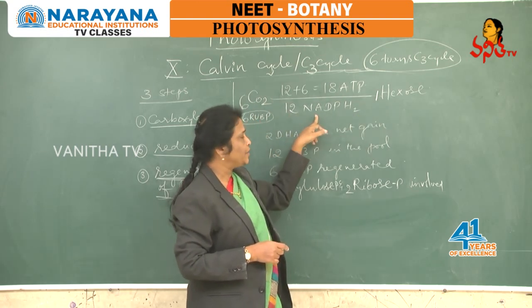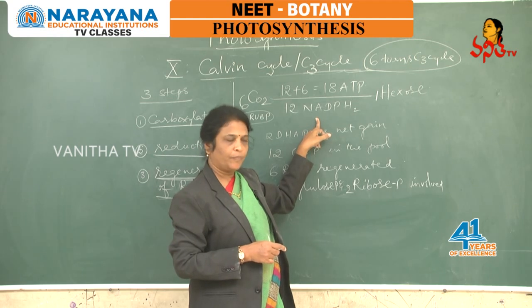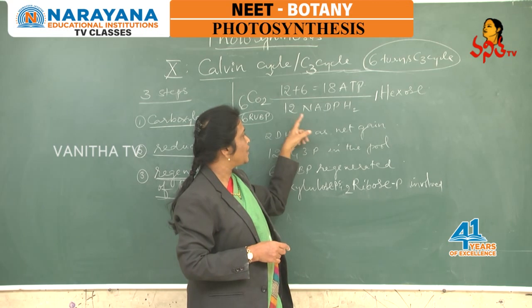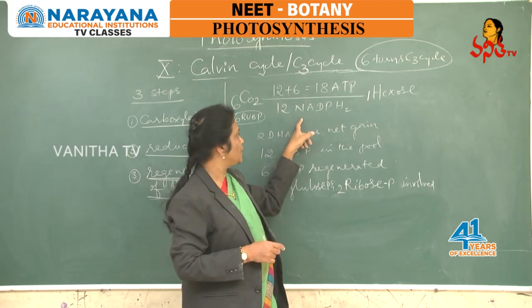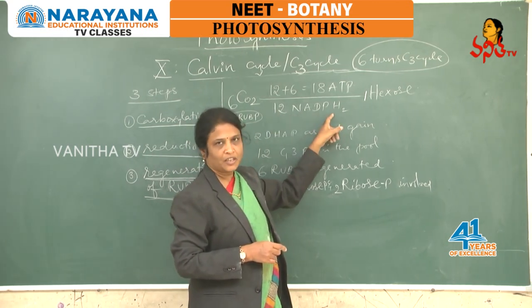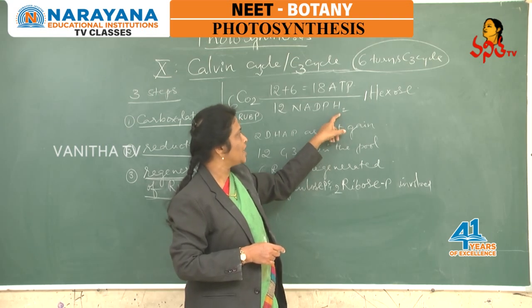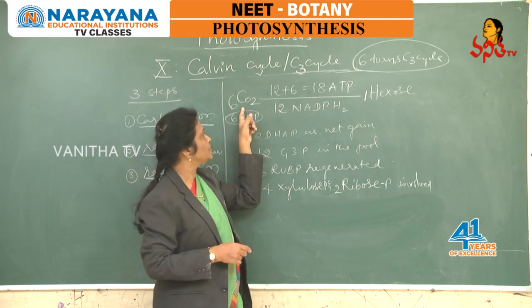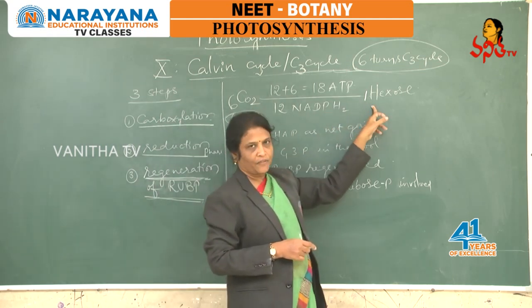And here the reducing power involved is NADPH, and that is for the reduction of the PGA molecules: 12 NADPH molecules, the reducing power utilized in 6 turns of the Calvin cycle, that is for the fixation of 6 CO2 for the synthesis of 1 hexose.